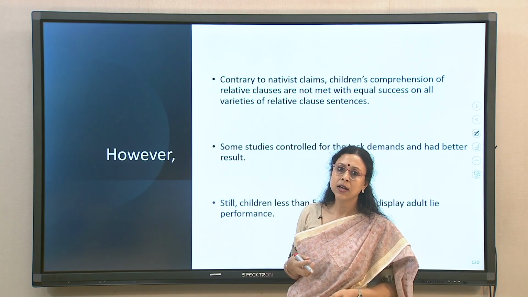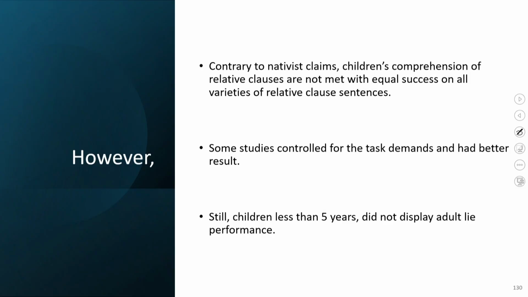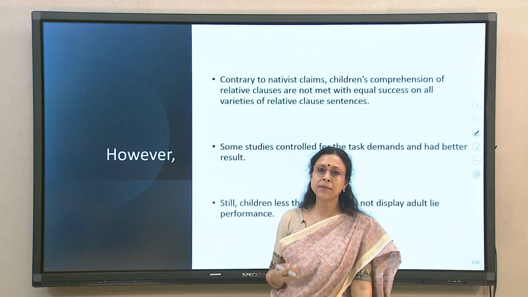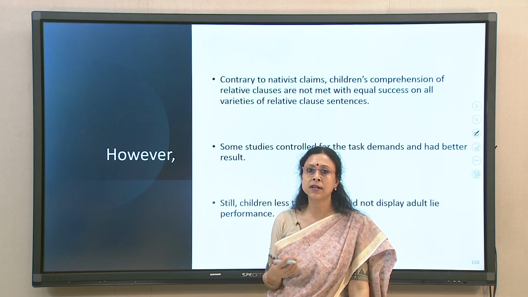Contrary to nativist claims, children's comprehension of relative clauses is not met with equal success on all varieties of relative clauses, because there are different kinds of relative clause structure. So, the usage based account points out that children's comprehension is not always similar in all of those. Some studies controlled for task demands and had better results. Sometimes in the experimental paradigm, the task demands might have an impact on the result that you get.